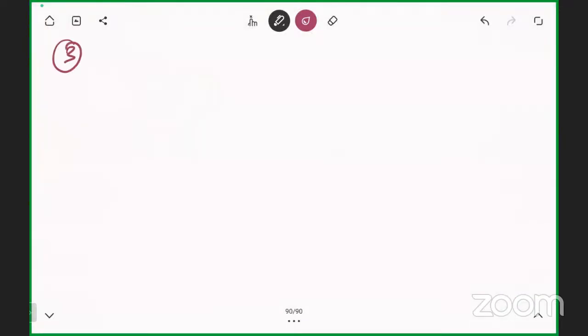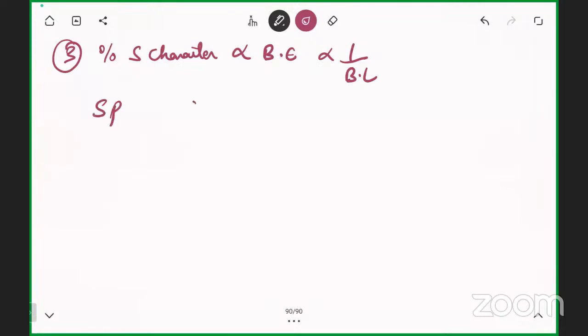Okay. Third one, percentage of s character. Percentage of s character is directly proportional to the bond energy and inversely proportional to the bond length. See, now tell me the basic three hybridizations: sp, sp2, sp3.